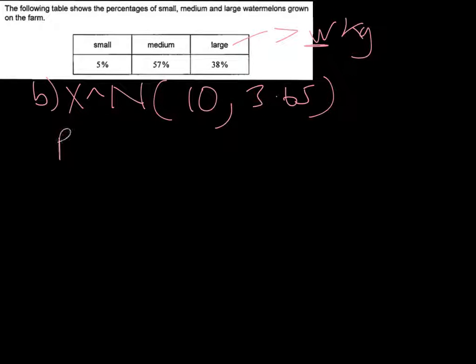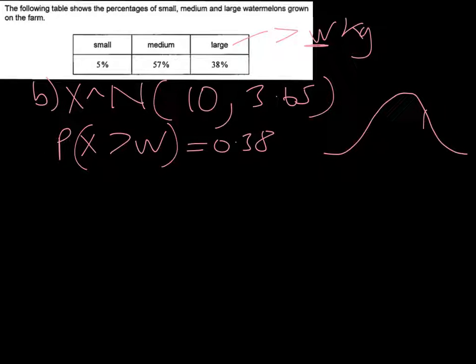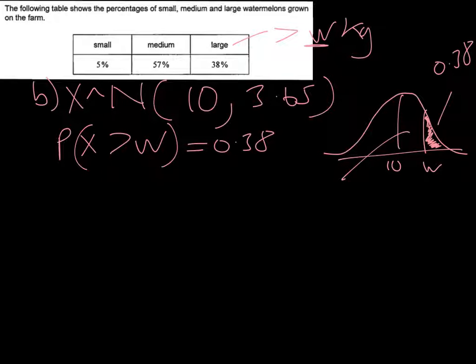We know that the probability that x is greater than W is equal to 0.38. So we've got a curve with some value W, and we know the mean is 10. This probability here is 0.38. But remember, to work out the inverse normal from our calculator, we need the area to the left of a boundary.